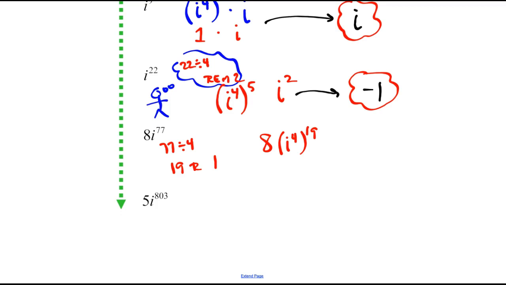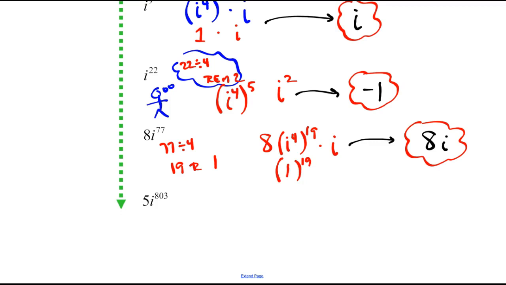So that's 76 i's, and the last one I just write out here is i. So all that is the same as 8i. Because i to the 4th is 1, so that's like 1 to the 19th. Well, 1 times 1 times 1, 19 times is just 1 still, so it doesn't matter.